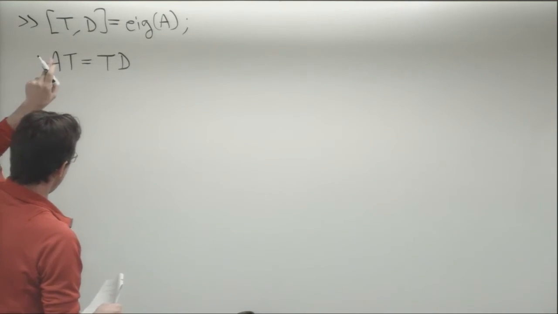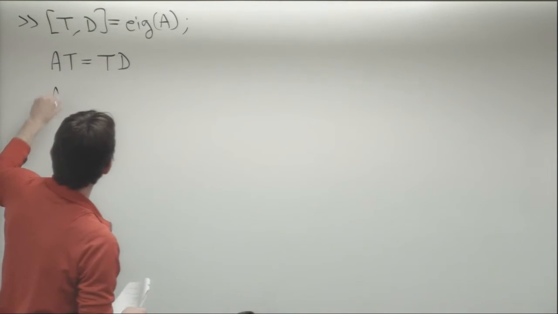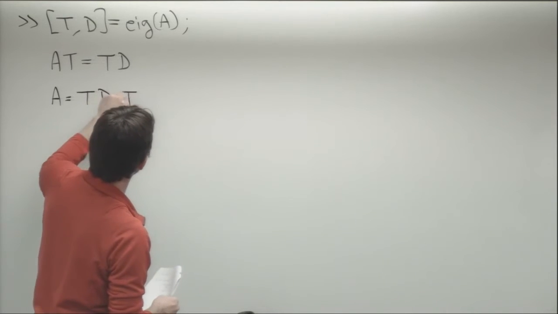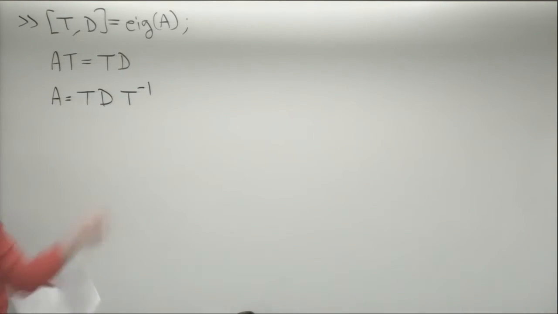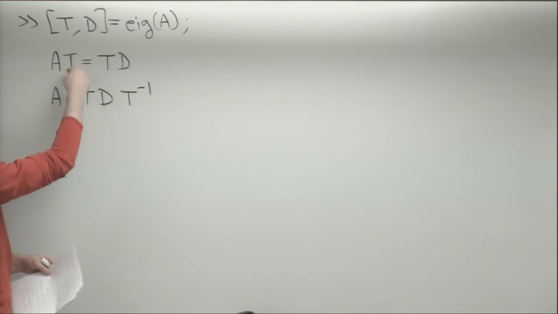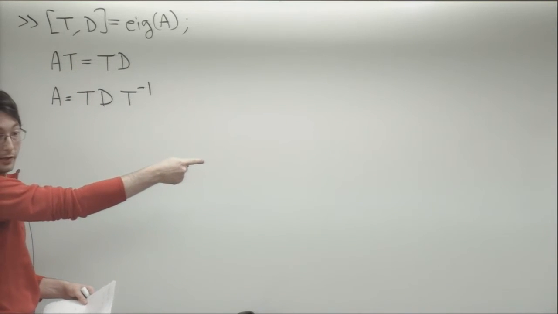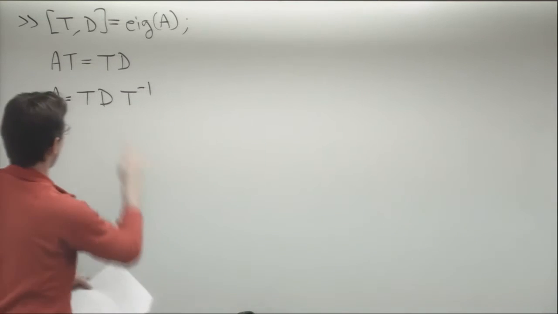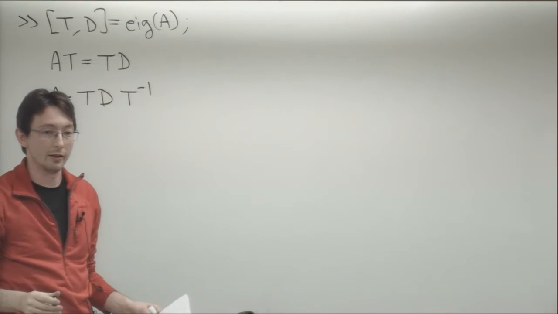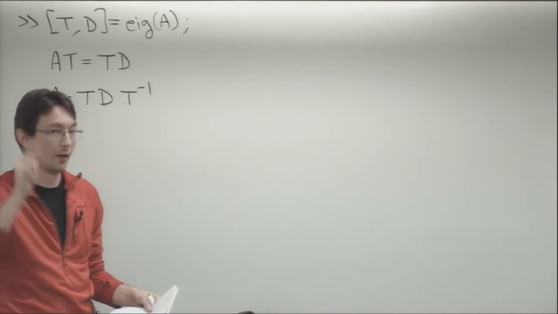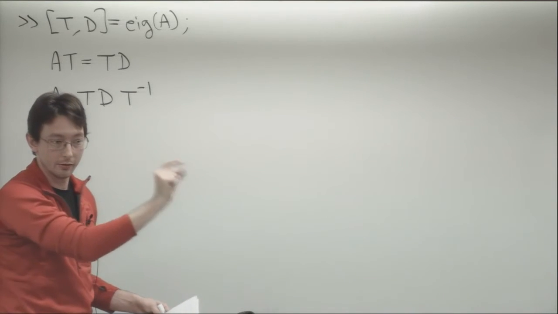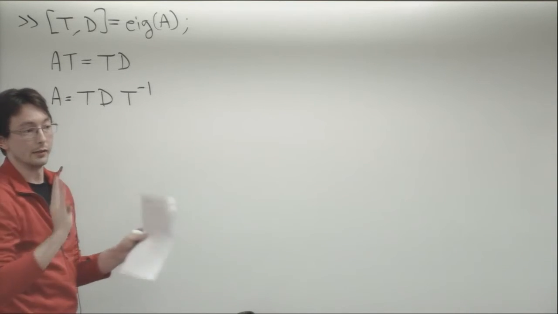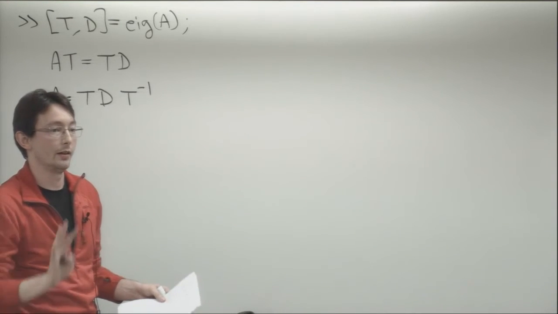So we can then say that A equals T times D times T inverse. To get rid of this, I'm going to right multiply with T inverse. This doesn't always work. I'm glossing over some details in linear algebra. I'm assuming that I have either real eigenvalues or an orthogonal set of eigenvectors T. It's a little more complicated, and we'll get into that in the next week or two.